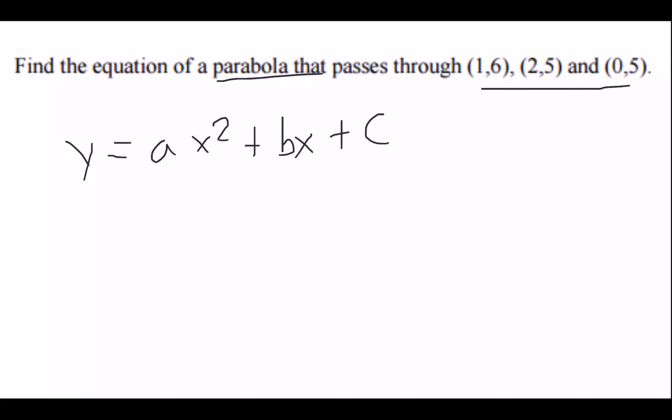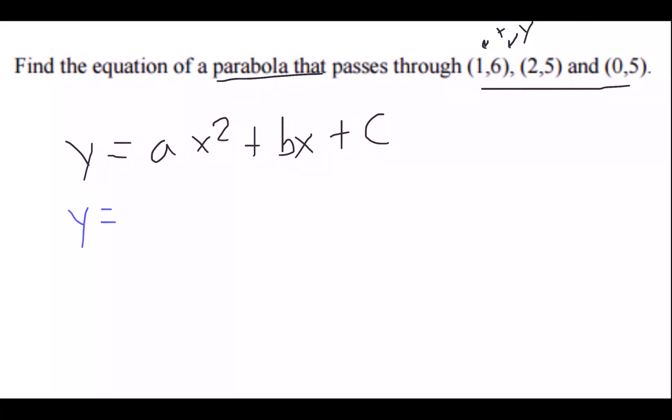So I'm going to take my points and create 3 of these equations, because I know an x and a y for each of them, so I'm going to plug those in. I'm going to use different colors for each equation.